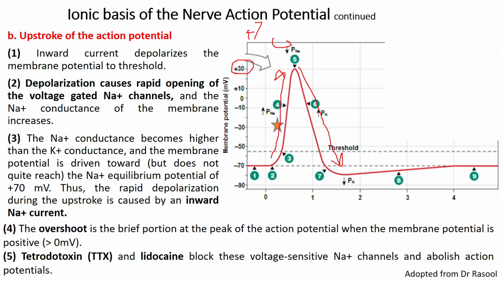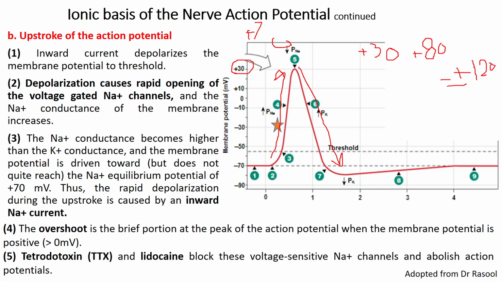Why is potassium leaving the cell during repolarization? Why is that? Okay, because there is a huge ionic driving force for potassium. At this state, if we calculate the ionic driving force, the membrane potential is positive 30, and the equilibrium potential for potassium is around negative 90, because we know minus minus is positive, so it will be around 120 millivolts, right?